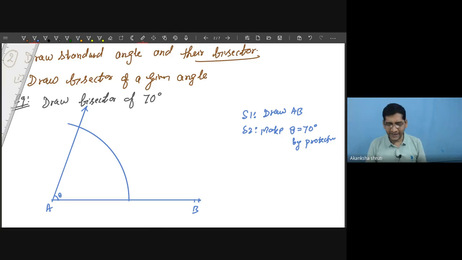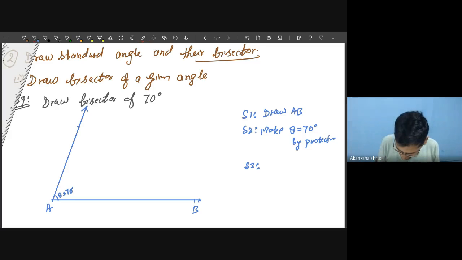For drawing this, I have taken this arc. You can leave this arc. Correct? So this way, this 70 degree we have drawn. After this, step number 3 is that you have to take any arc, meaning take the compass, take any radius, place the tip at point A and make an arc.